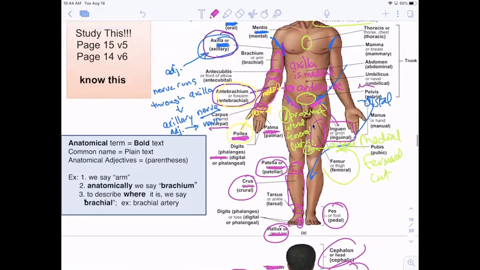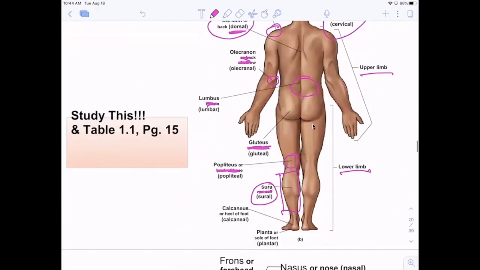So remember, crus is the front and the back is your sura. Your heel is your calcaneus. This is your calcaneal bone. And the bottom of your foot is your planta. You've heard of an inflammation of the tendon on the bottom of your foot. It's a big flat tendon, and it's called plantar fasciitis. So it's an inflammation of the fascia, a big tendinous sheath on the bottom of your foot on your plantar surface. So it's called plantar fasciitis.